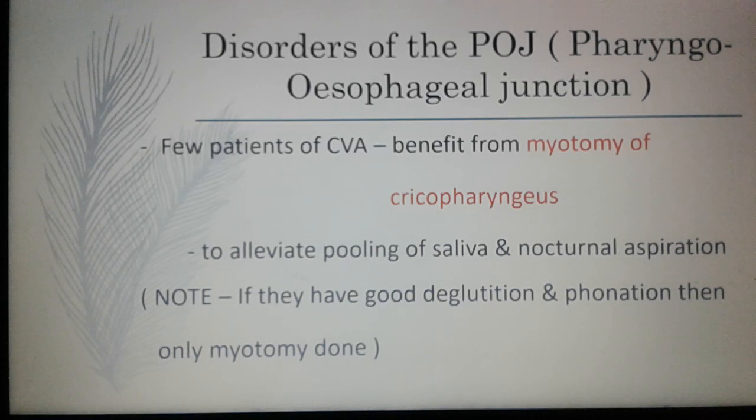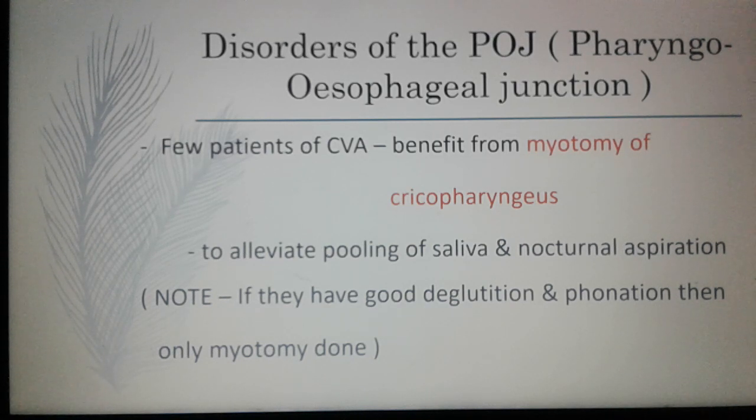Suppose the patient is suffering from cerebrovascular accidents. In these patients, if they complain of pooling of saliva and during the night time they usually aspirate, just to stop these complaints, sometimes these patients may benefit from myotomy of the cricopharyngeus muscle, the cutting of the muscle.